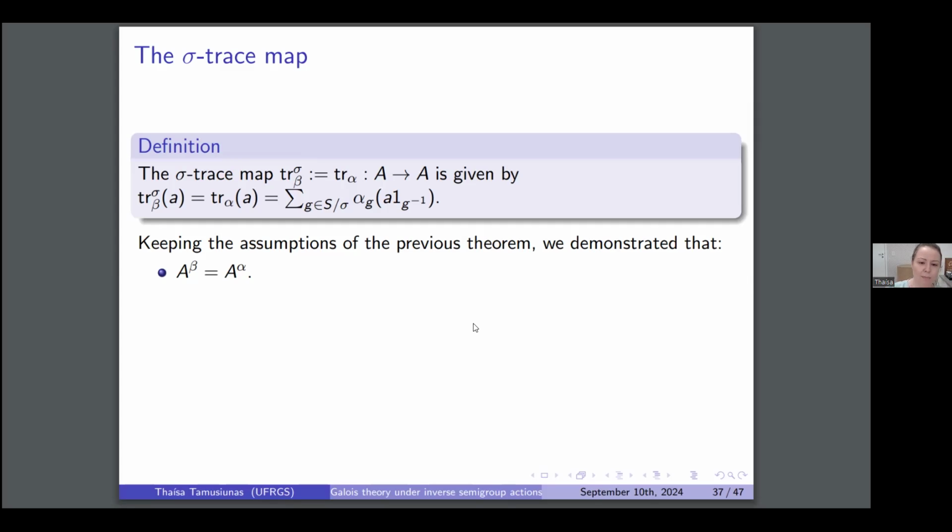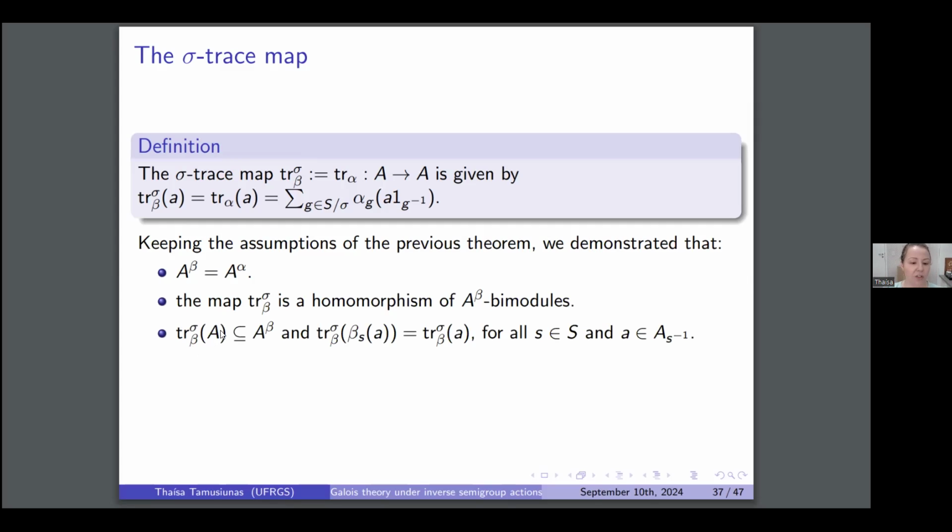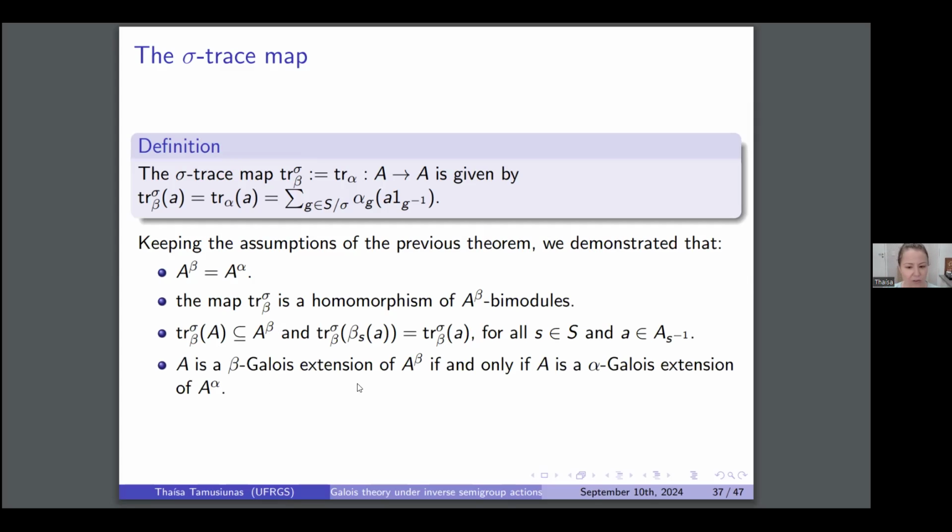And keeping the same assumptions of the previous theorem, which means we are working with E-unitary inverse semigroups, then we can show that the ring of invariants by the action of beta is the same as the invariants by the action alpha. This map is a homomorphism of A beta modules. This sigma trace map is invariant by beta, and also this equality holds.